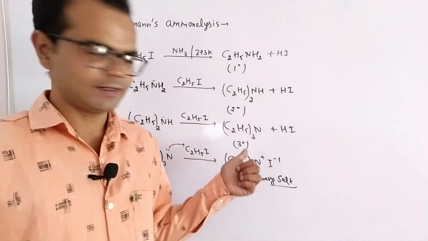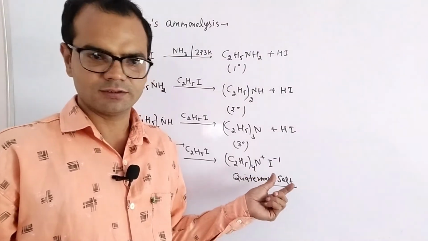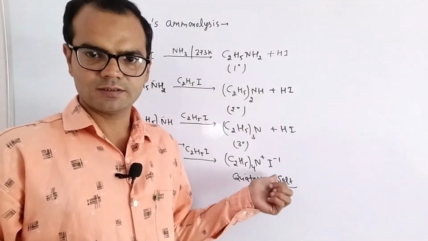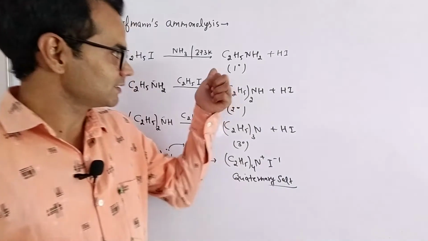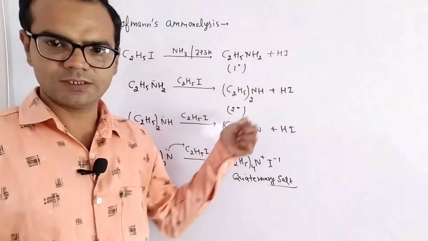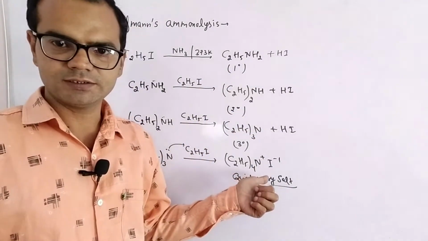And now at final step we have a quaternary salt. At this step reaction will stop. So this is the mixture of primary amine, secondary amine, tertiary amine and a quaternary salt.